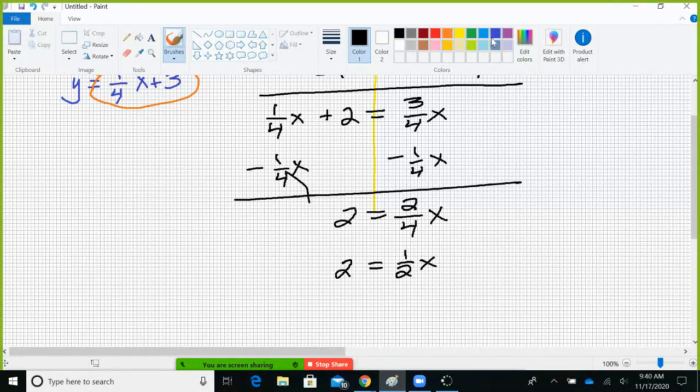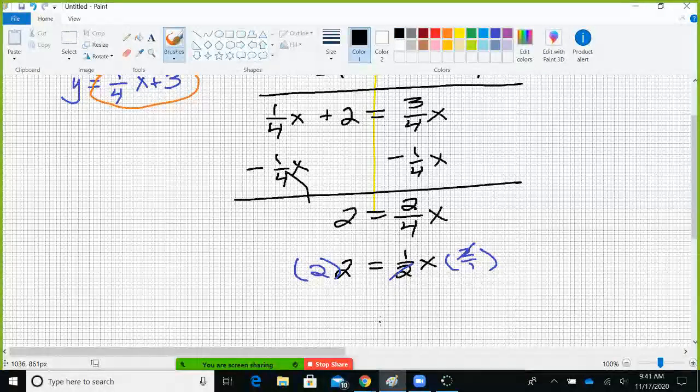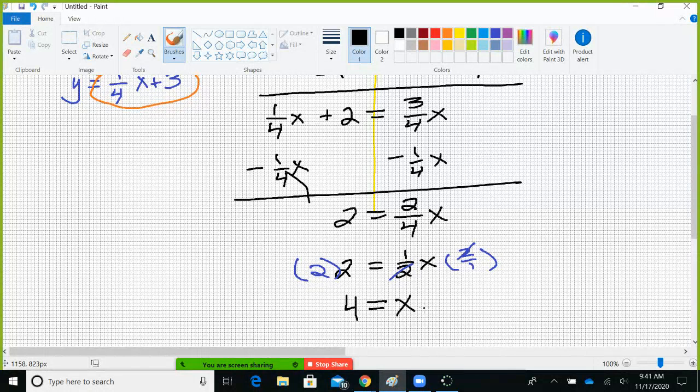Now the question is, how do we get rid of that 1/2 x? How do we get rid of that 1/2? Well, you could divide by 1/2 or you could multiply by 2 over 1 because the 2's will cancel out. So we multiply both sides by 2 or 2 over 1. That's the same amount. And so you get 4 equals x, or x equals 4.